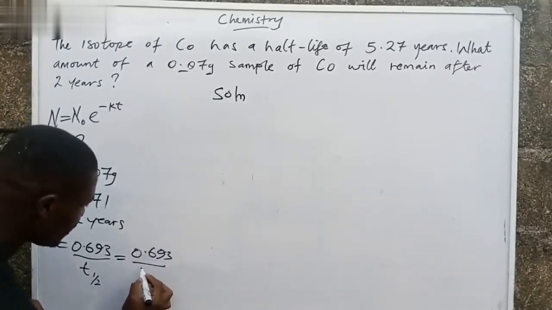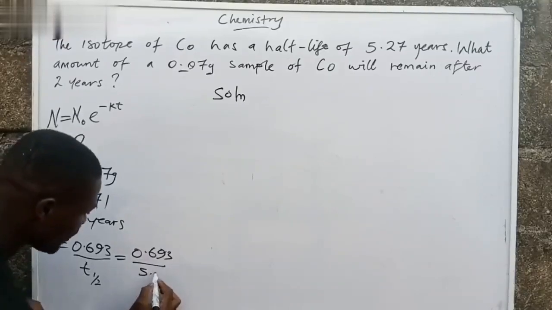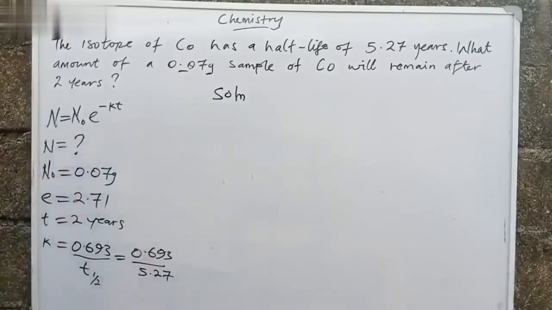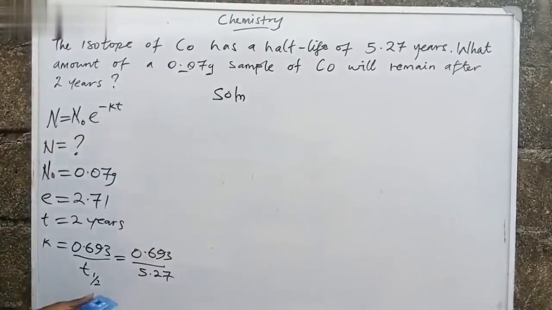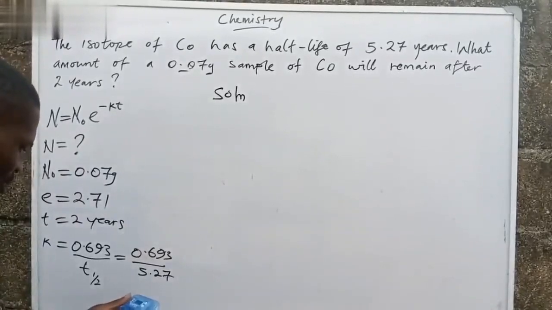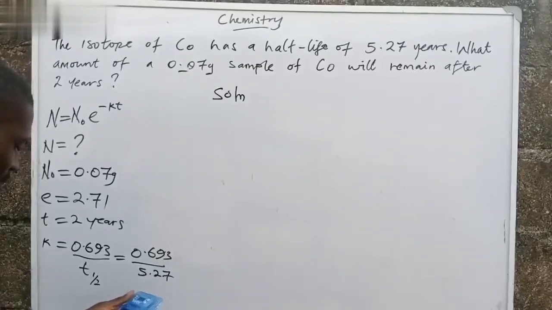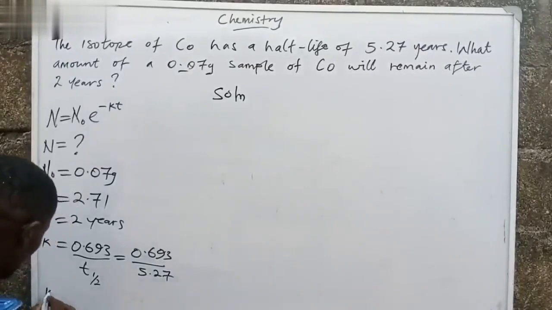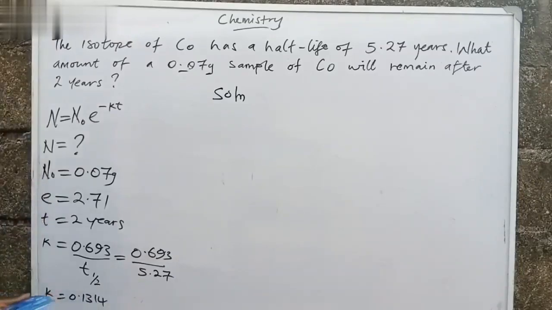From the calculator, 0.693 divided by 5.27 is equal to 0.1314. So k, our decay constant, is equal to 0.1314.